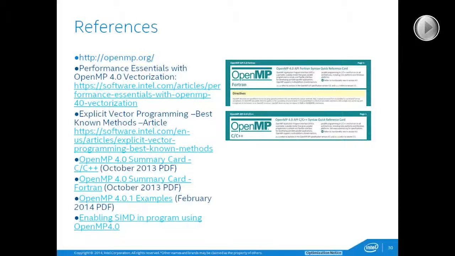The next question asks, is pragma omp simd a work sharing construct? I'd say it's conceptually similar to a work sharing construct. I looked at the spec not too long ago for that same question, and they didn't list it explicitly as a work sharing construct.